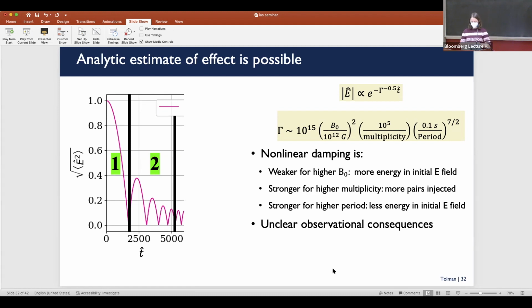So I say on the slide that this stage has unclear observational consequences. The main consequence of this stage is basically that this damping is incredibly strong in all pulsars, right? So this electric field is going to get reduced very quickly, and the amplitude of the fluctuations that get escaped as radio emission will also decrease very quickly.